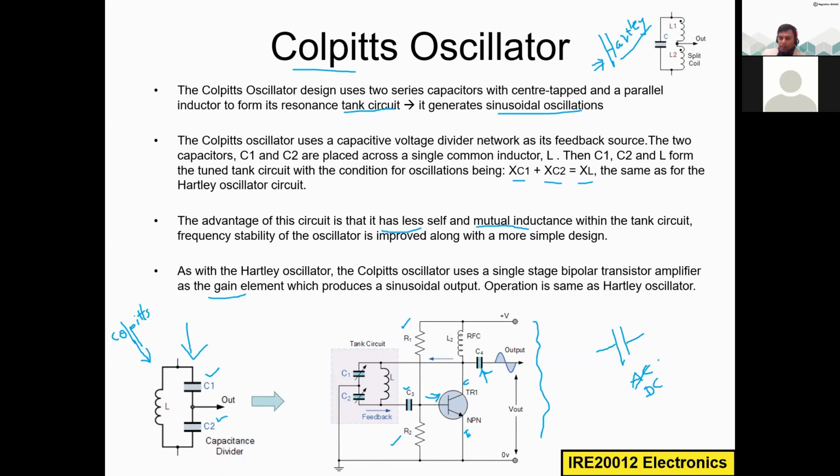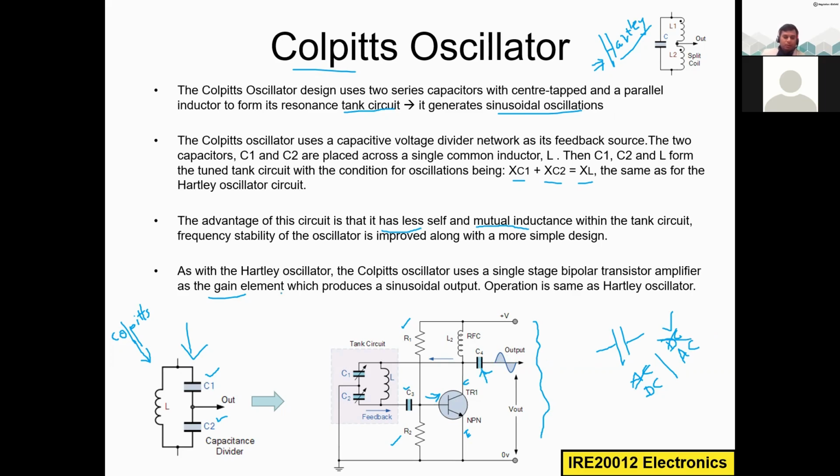In case 2, it will block the DC component and allow only the AC component, acting like a filter. Here we are using the second case: this capacitor will block the DC components and pass only the AC component.